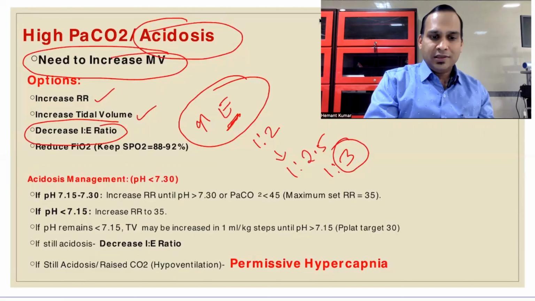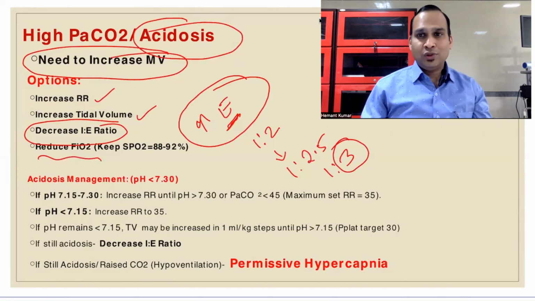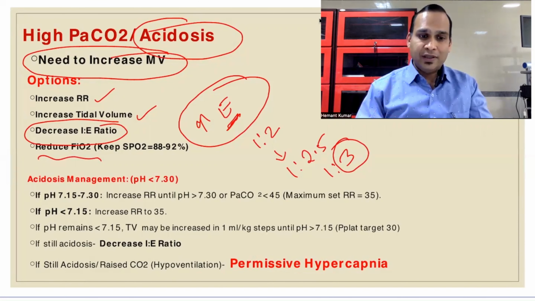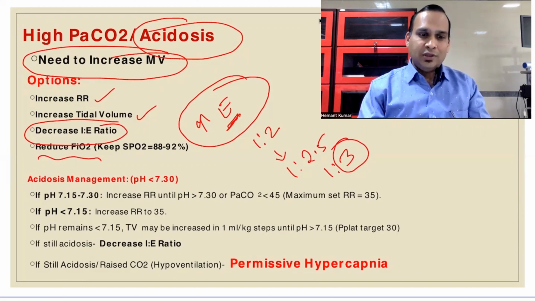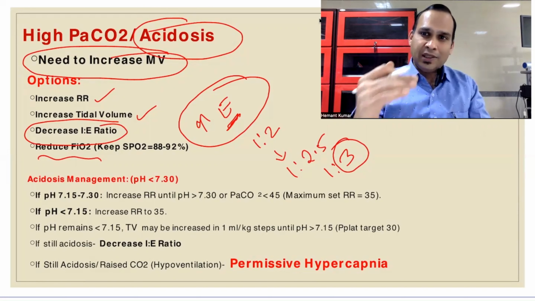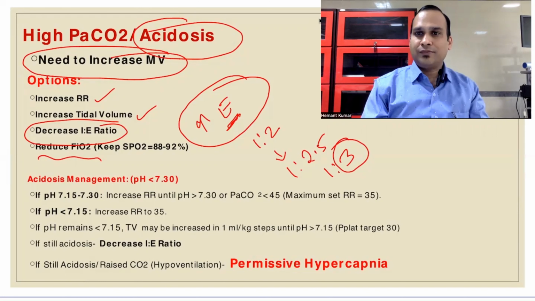Then another thing is you can reduce FiO2, because in COPD or asthma, when there is hypoxic drive, if you are giving more oxygen, more oxygen, then the patient will retain carbon dioxide. So in a patient with hypercapnia or acidosis, we have to reduce FiO2 also.